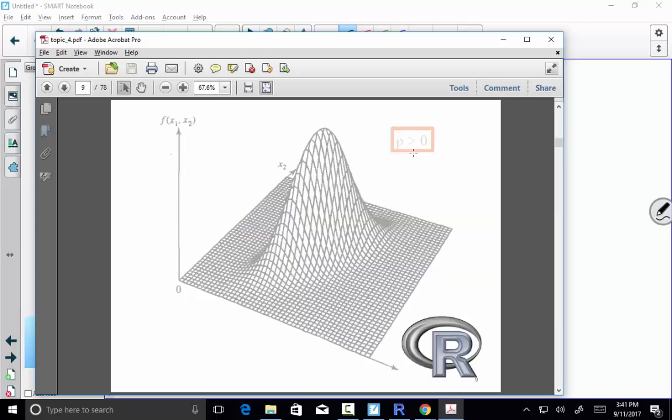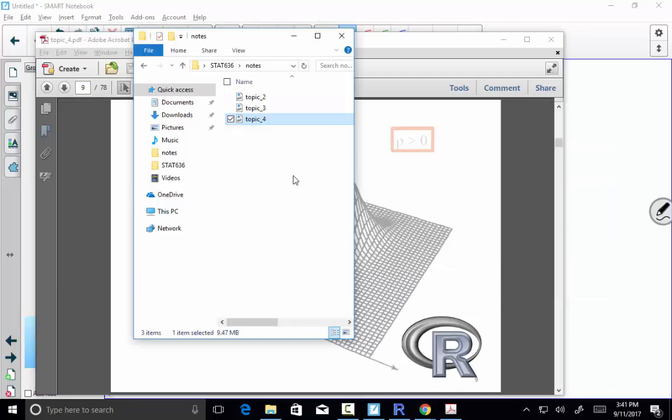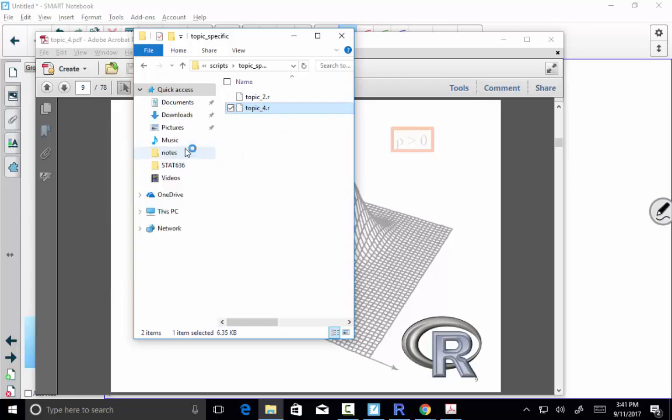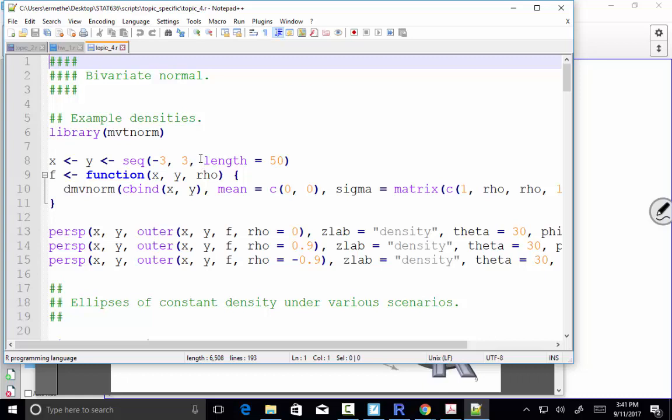And might as well go to R real quick. So under scripts on eCampus, then under topic specific, there's a topic 4.R. And I have code that reproduces the pictures that are in the slides.